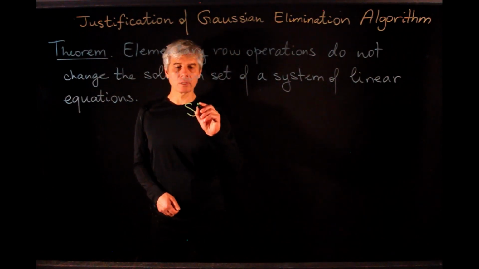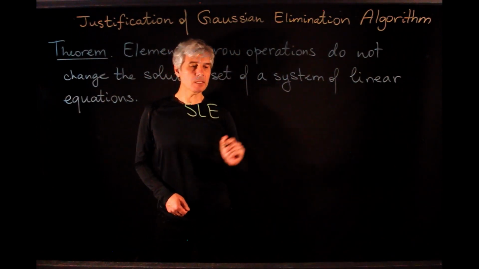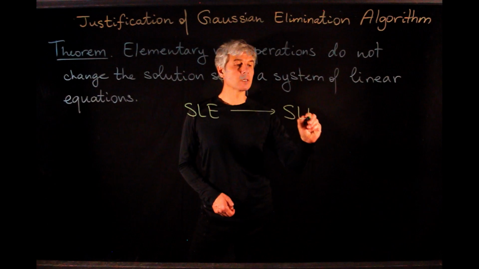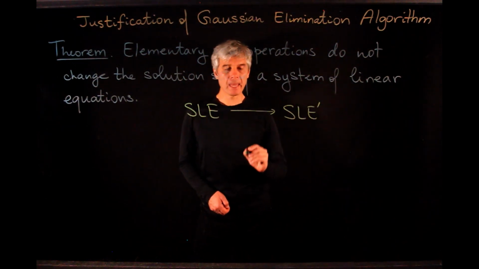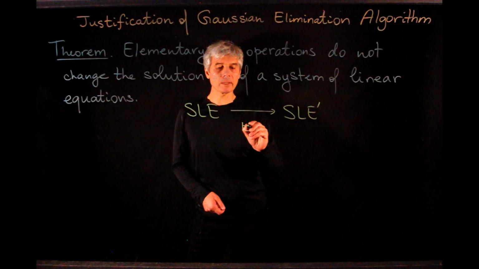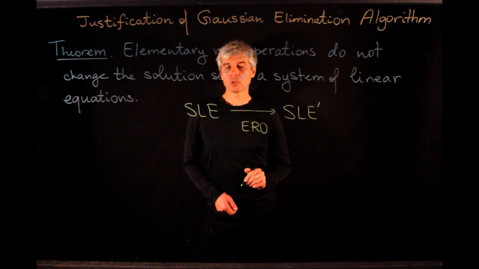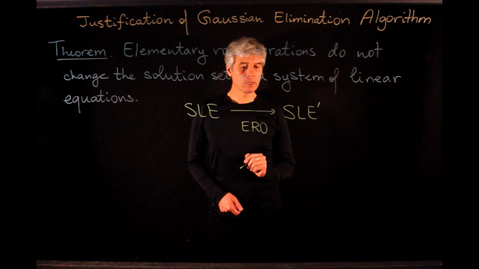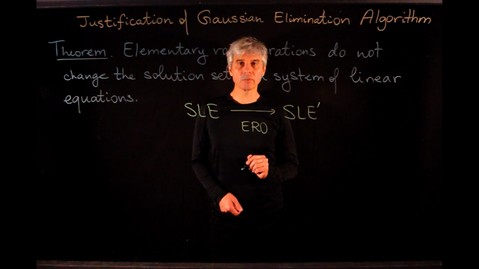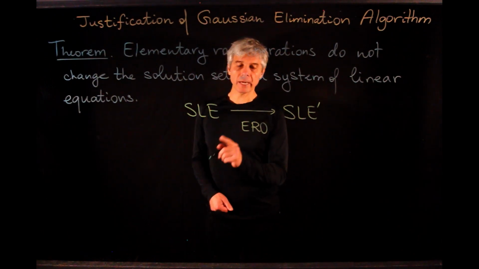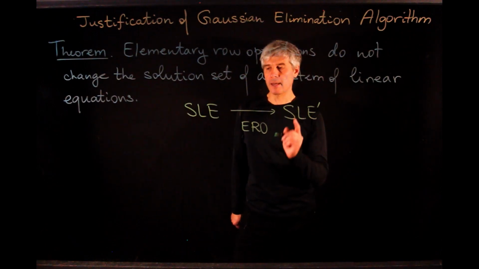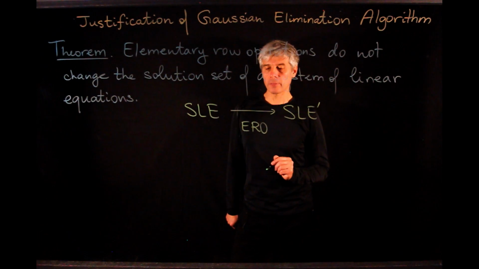Let's denote one system of equations like this, and another is a new system of linear equations that we are going to denote with a prime. Here we apply one elementary row operation. If we show that applying one elementary row operation does not change the solution set of a system, then it will follow that applying a sequence of elementary row operations will not change the solution set either. So we're going to focus on a single elementary row operation.